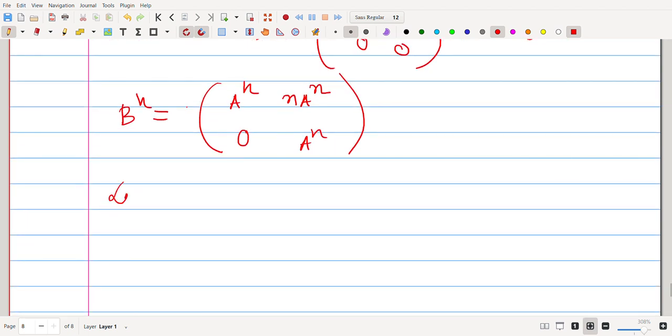So before going to that, let me first do this. We know that a matrix is diagonalizable if and only if the minimal polynomial has no repeated root. So I'm going to check the minimal polynomial for B, right? Let the minimal polynomial for A be P_A(x).